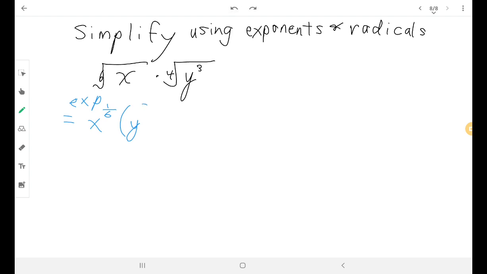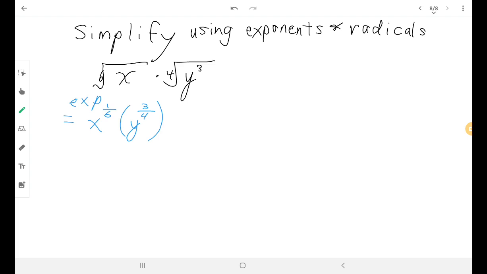That's the most I can do with it for exponents, right? There's really no point in trying to put it together any more than that.